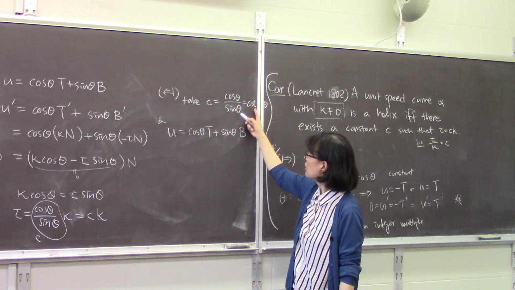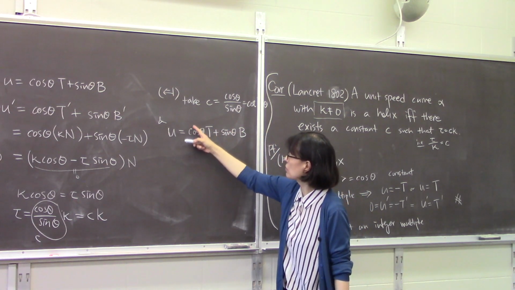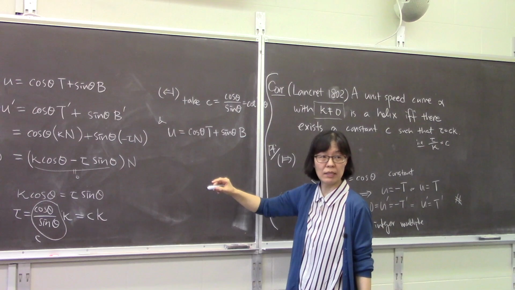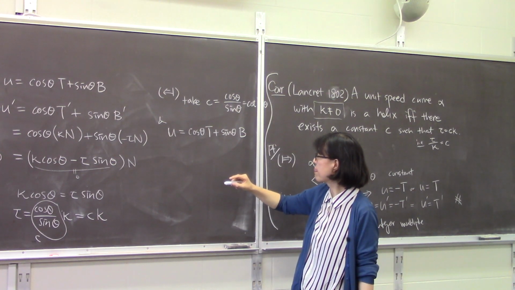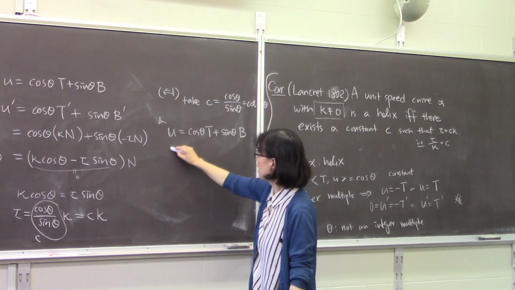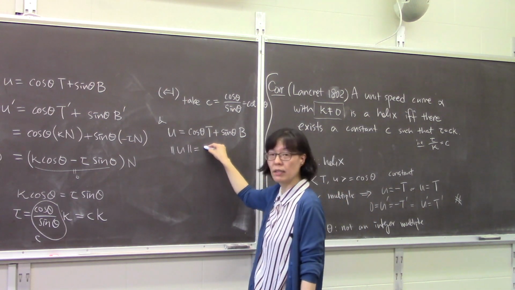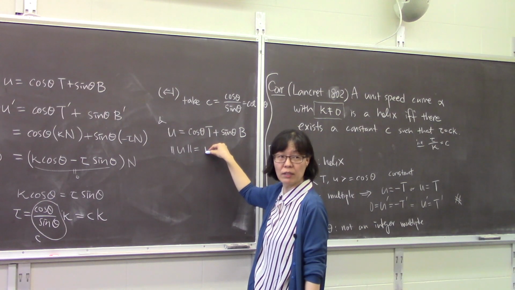Then this is constant. Then what? The length of u is 1, right?